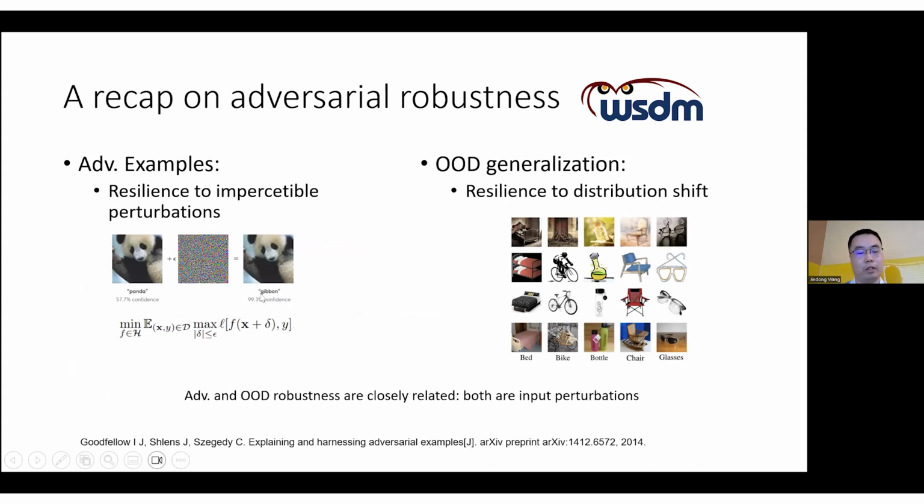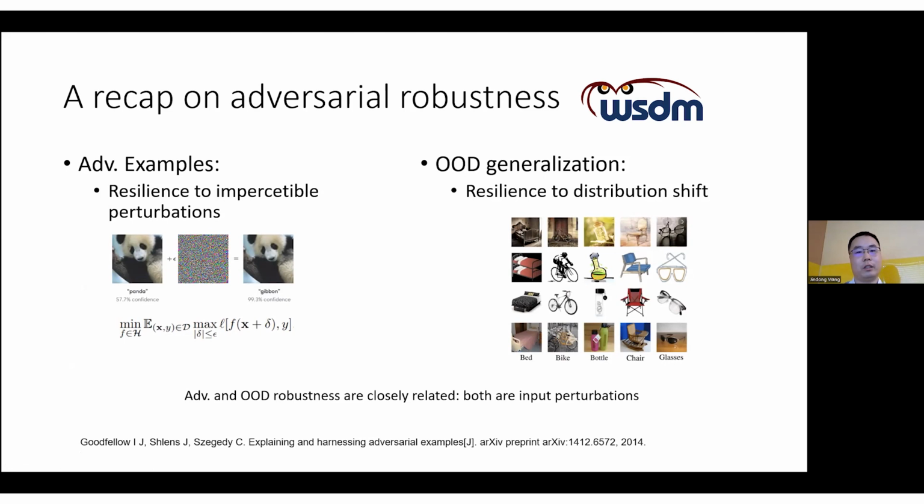It will falsely classify it as a gibbon, which is not a panda, right? So it's the very famous adversarial example, adversarial attack. The optimization here is to minimize the max error risk on these examples by using some perturbations like a delta here.